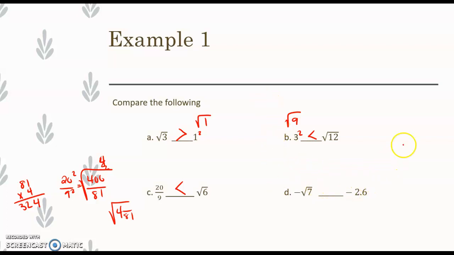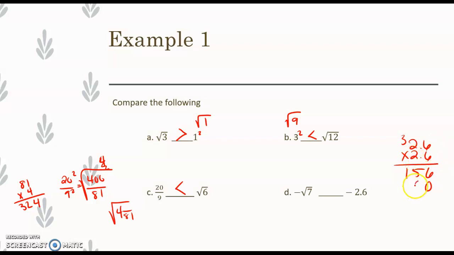All right, so I'm going to do the same thing here. I'm going to take my 2.6 and square it. I'm not going to worry about the negative because I want the negative to stay, because it's going to be a negative answer here. So 6 times 6 is 36. 6 times 2 is 12, 13, 14, 15.